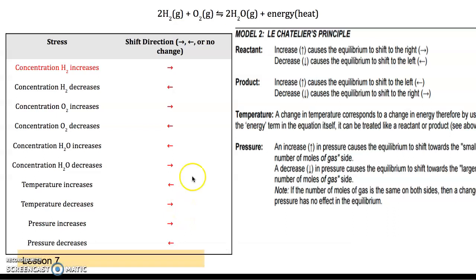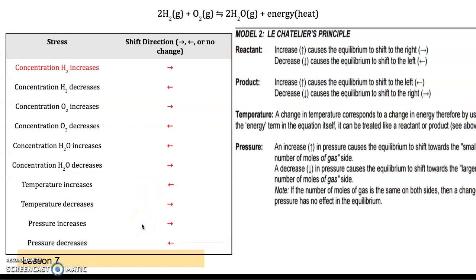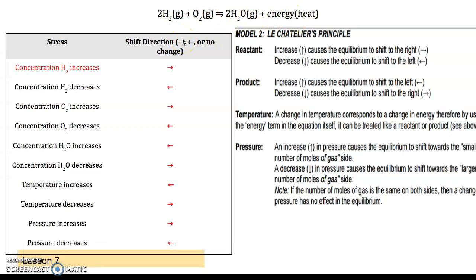Now pressure, so they're all gases here, so we need to talk about one more thing that I forgot to talk about before. When pressure changes in a reaction that involves gases, the direction of the shift is going to depend on the number of moles present on reactant side as well as the product side.